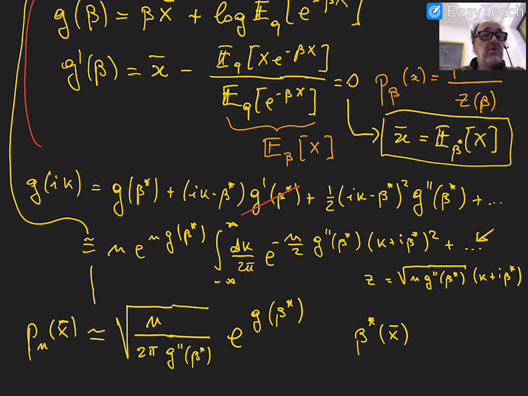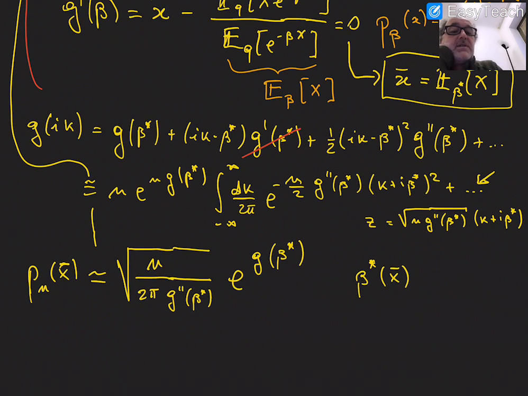Very good. So now, in order for all of this to make sense, one condition that has to be satisfied is that the second derivative computed in beta star should be positive.